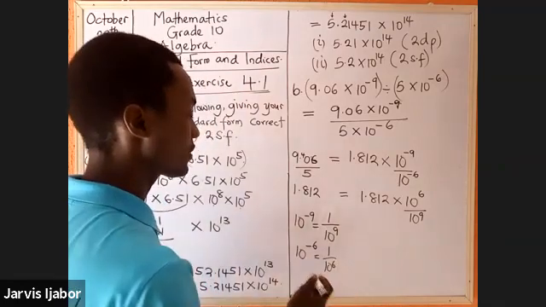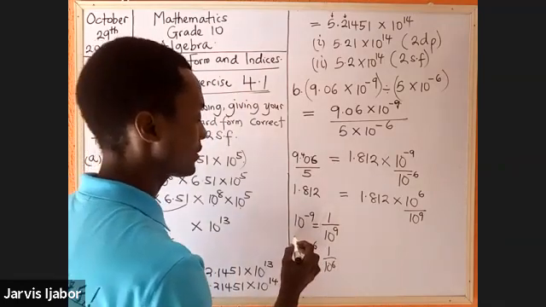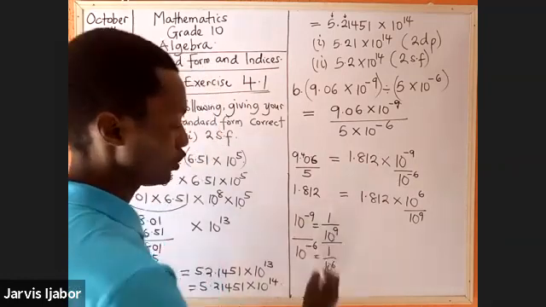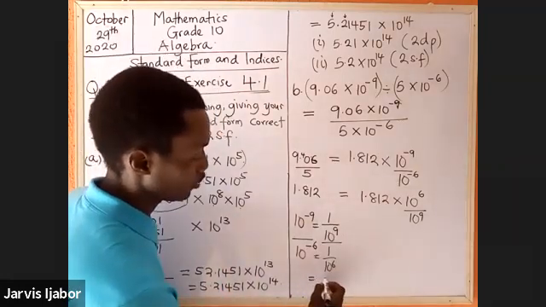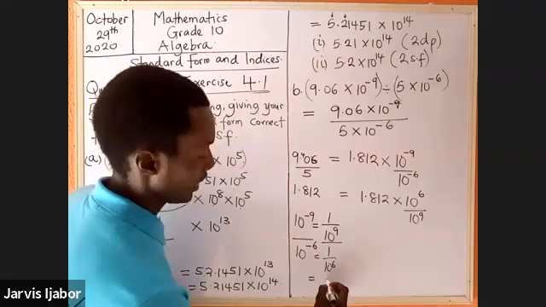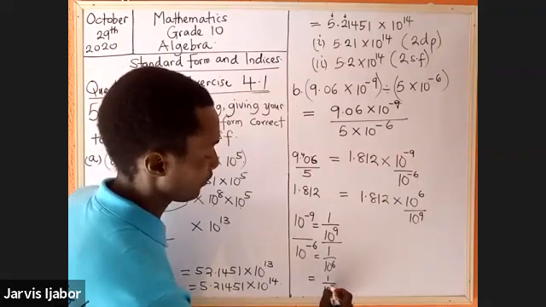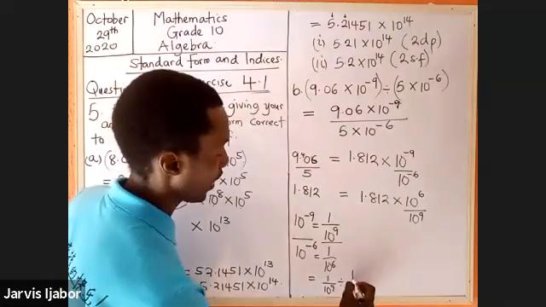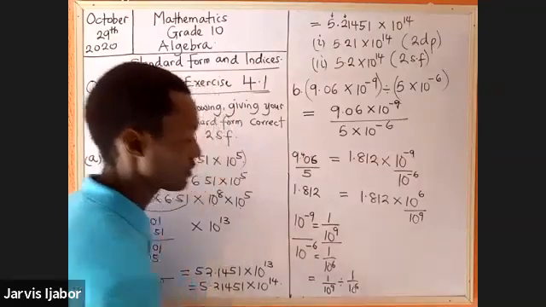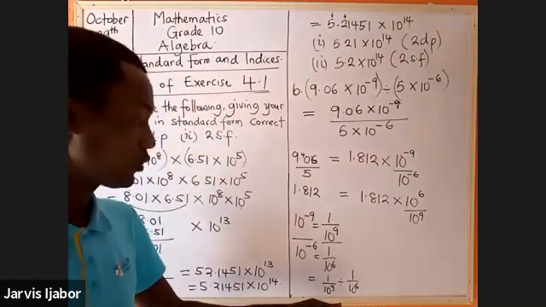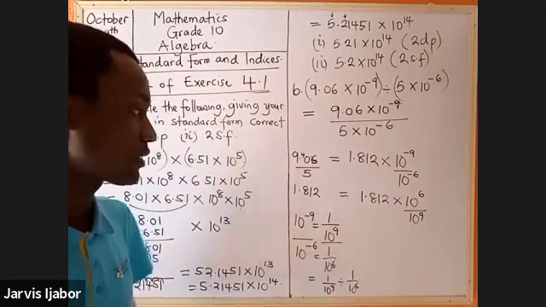So if you now say this divided by this, you're implying that this will be what? 1 over 10 raised to the power of 9 divided by 1 over 10 raised to the power of what? 6. And from elementary mathematics, you know that this will be 10 raised to the power of 6 over this.